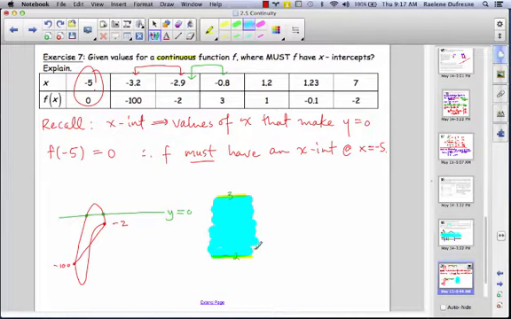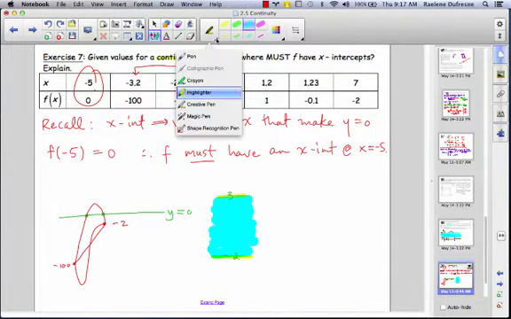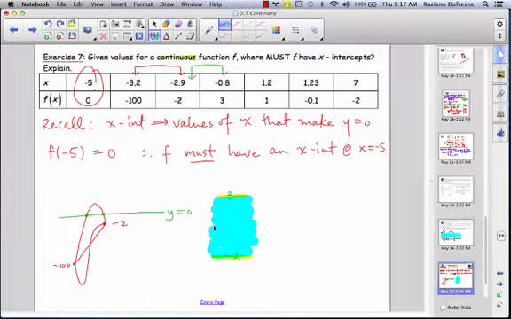And the important height for talking about an x-intercept is the height of y equal to 0. So when x goes from negative 2.9 to negative 0.8, y goes from a height of negative 2 to a height of 3. Does it go directly there? Maybe not. It may go down first and then up. It may go higher than 3 and then down. It may actually go like this many times.